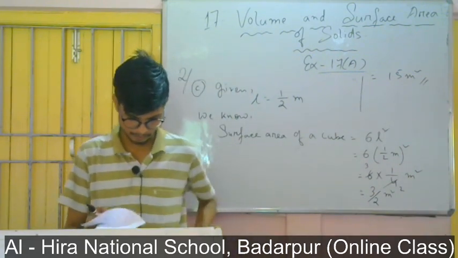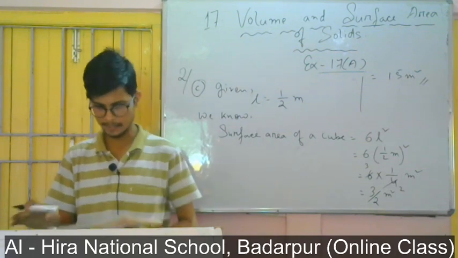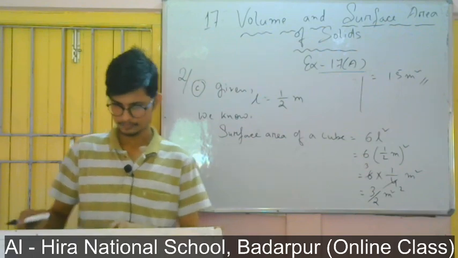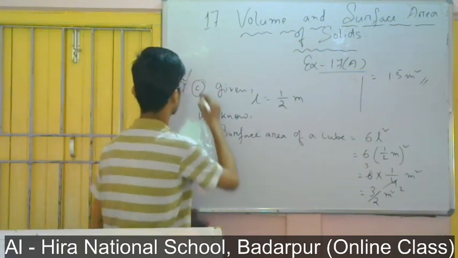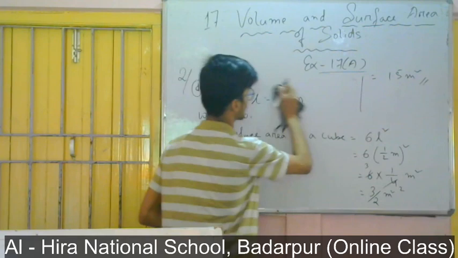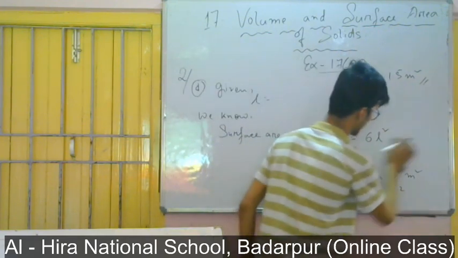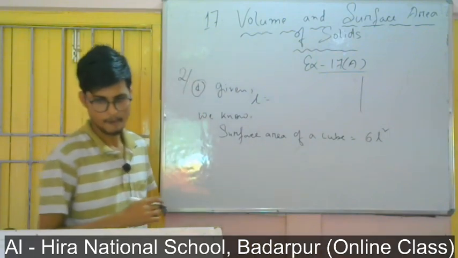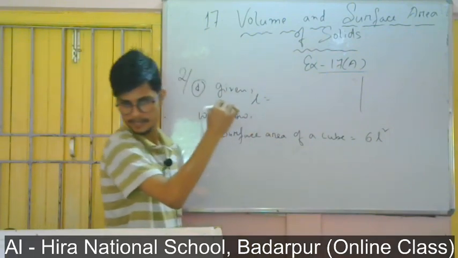So now let me do question number D. It is given in dm, same, decimeter. So it is given as 5 dm.